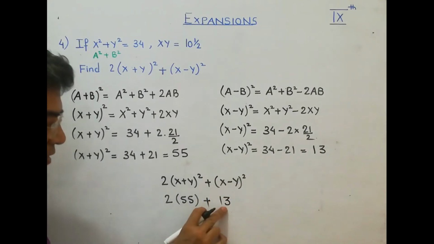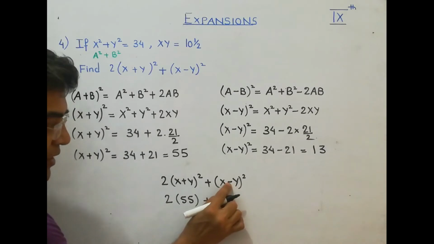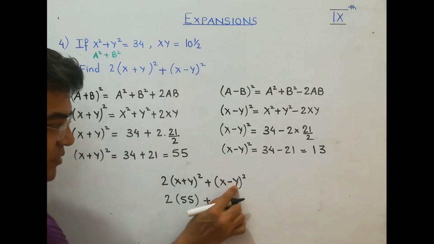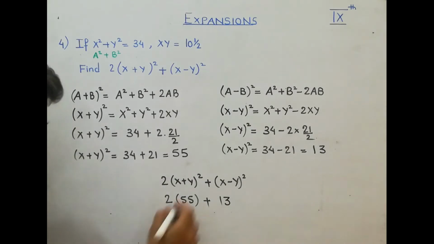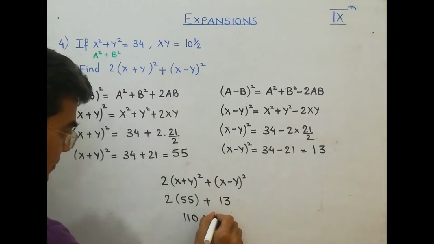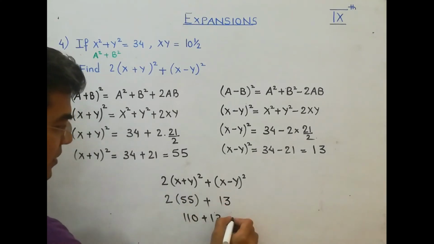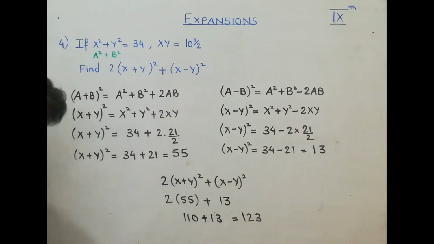Now remember, 13 is not the value of x minus y, but it is the value of (x minus y) whole square. So no need to put square over here now. So that gives you 110 plus 13. So your answer will be 123. So this will be your answer. You can pause and note it down.